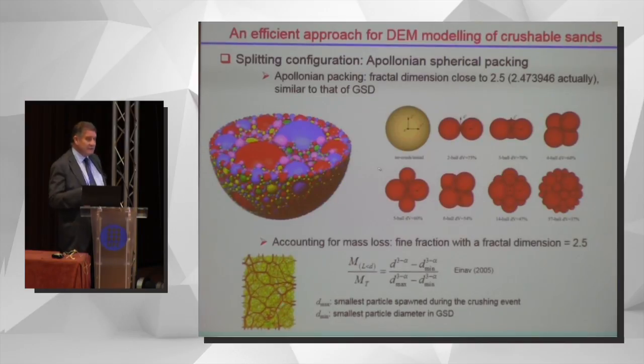So we are going to assume that the mass loss is fine particles which don't contribute to the mechanical behavior, so we are not going to consider it in the mechanical analysis, but certainly we are going to consider it for the evolution of the grain size distribution. And here we make the assumption that this fine fraction has a fractal dimension of 2.5, so it has this distribution, and is included in the grain size distribution.